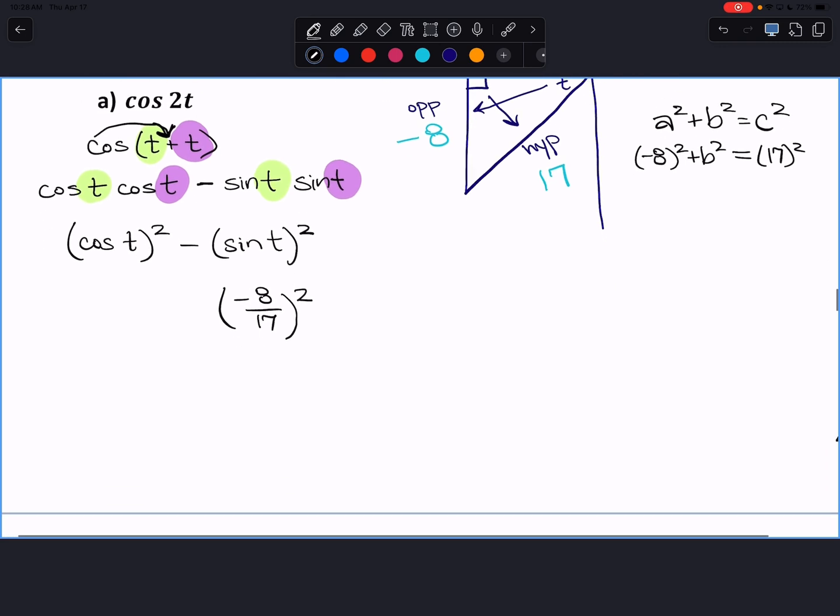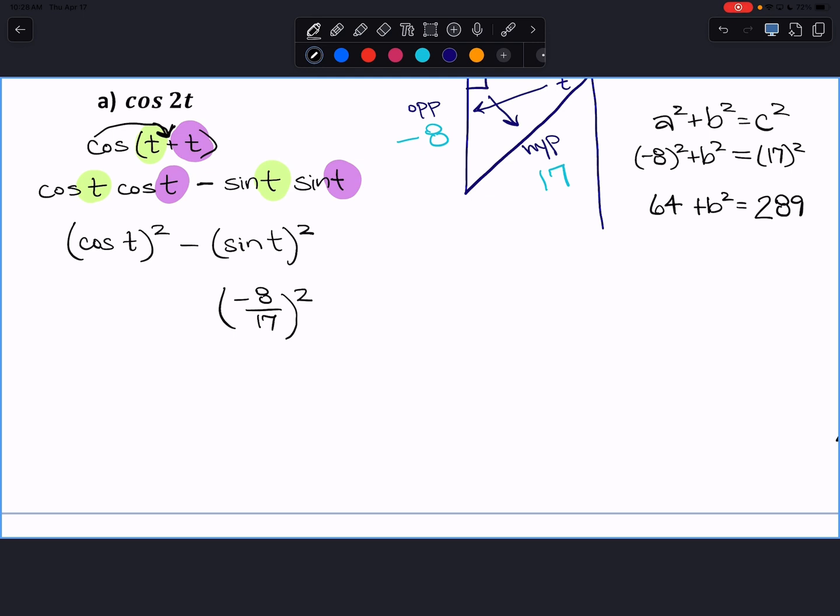Okay? So negative 8 times negative 8? 64 plus b squared equals 17 times 17? It's what? 289.